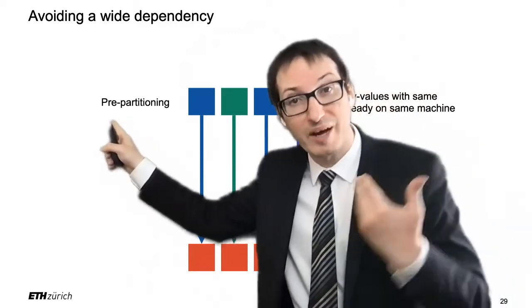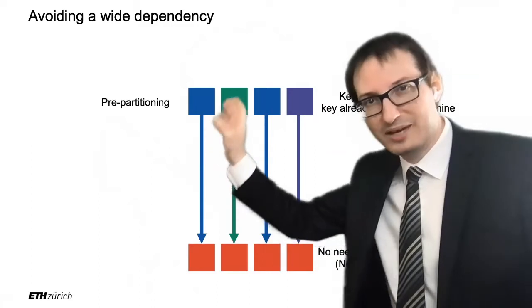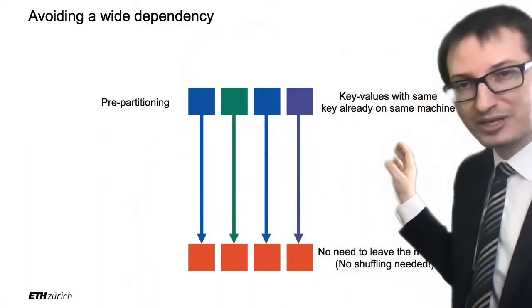This is called pre-partitioning. So if the data is already such that you don't need to read across machines, then there's no shuffling needed anymore.